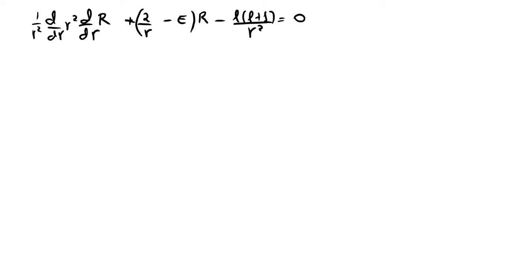Okay, so I'm going to make something else that makes the equation easier to deal with, and this is going to be: I will replace r by an auxiliary function u over r. Why is that? That's because if I derive this thing, then I'm going to find something like, I can derive u over r, and then in the other term I'm going to find something like 1 over r squared u, right?